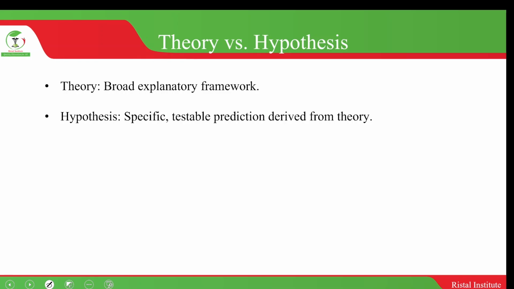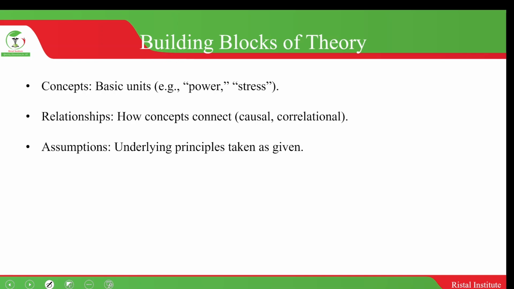Earlier on, we said that a theory comes from concepts. And we said that it is the concepts that are building blocks of theory. Okay? Now, a theory provides the relationship between the concepts. That when you do this, this is what happens.